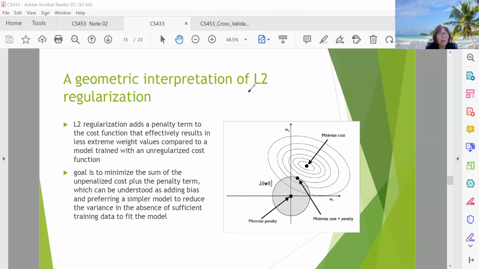Okay, then here is a visualization about the L2 and L1 regularization. This shaded part describes the L2 in this case, and it's a circle. Over here we have the weights, this is just the 2D case. If you recall, it's convex in two dimensions, so this is a contour.